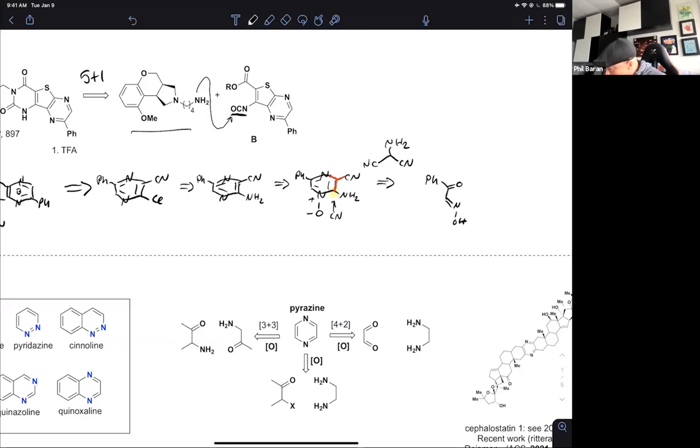Now this is known as the Taylor pyrazine synthesis. So the question you may be wondering is, what's with that N-oxide? And why is it that they chose to take the oxime instead of just taking the corresponding alpha keto system?